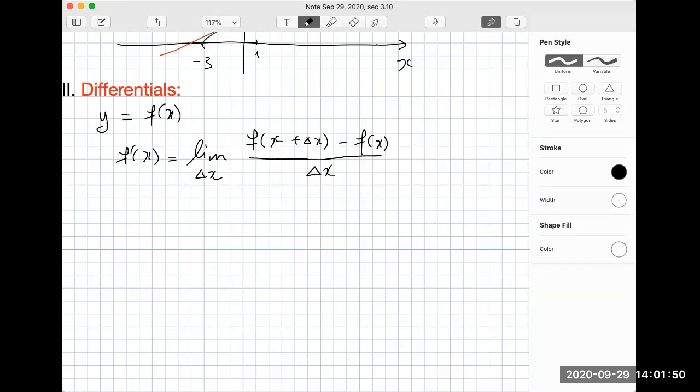Or we sometimes say the change in y over the change in x, right?